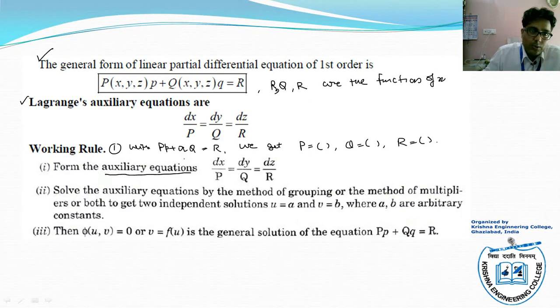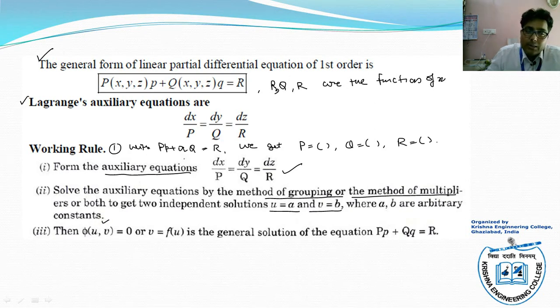Then write the auxiliary equations dx upon P, dy upon Q, dz upon R, and solve the auxiliary equations by method of grouping, or by method of multipliers, or both, to get two independent solutions u and v, where u and v are the arbitrary constants.